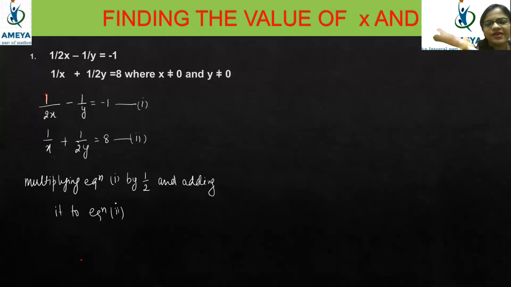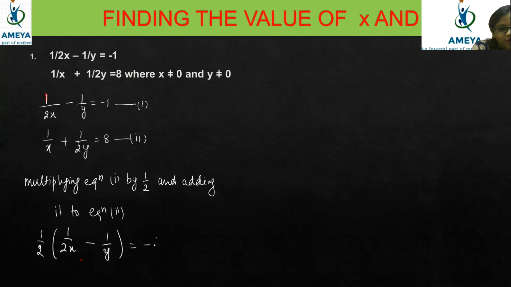Now why I have done this, in one moment you will be able to know. 1 by 2x multiplied with 1 by 2, then minus y will be equal to minus 1 into 1 by 2. So this one will become 1 by 4x minus 1 by 2y equal to minus 1 by 2.